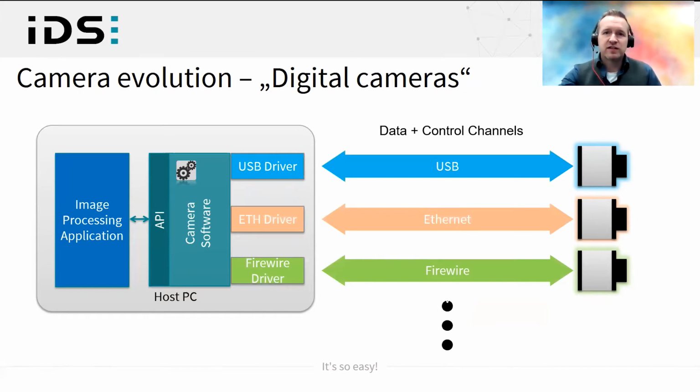Cameras with interfaces such as Firewire, USB, and Ethernet were developed to send and receive digital data and commands without a need for additional signal converters. Depending on the performance level of the cameras, high-speed interfaces such as Camera Link were also introduced.